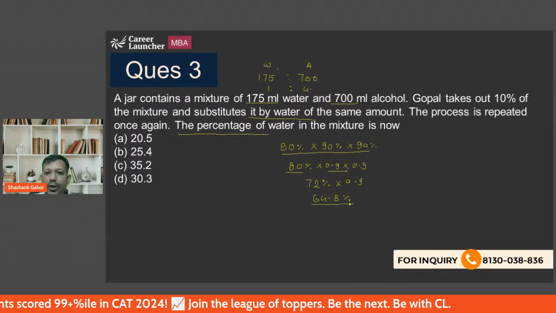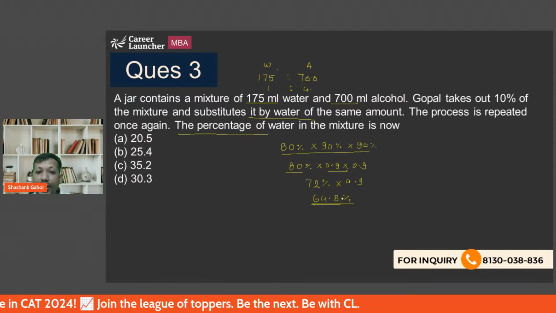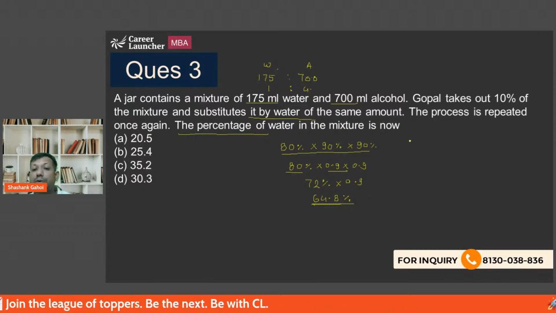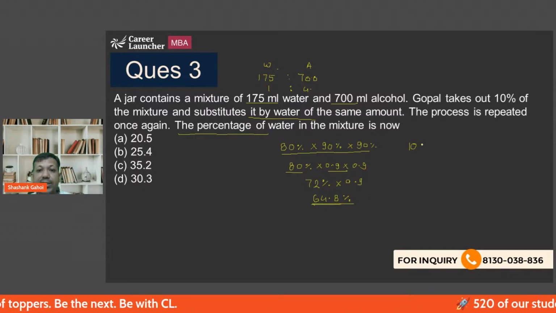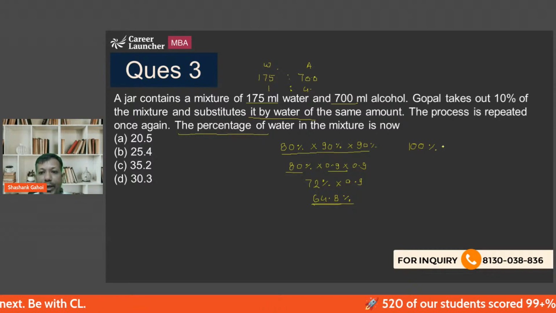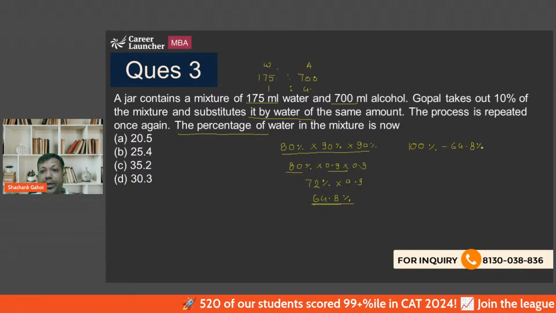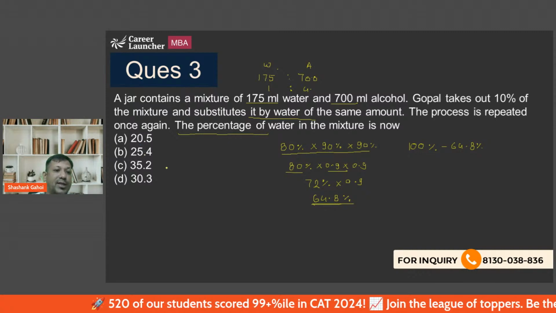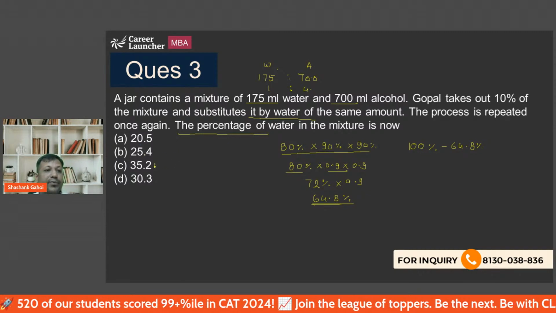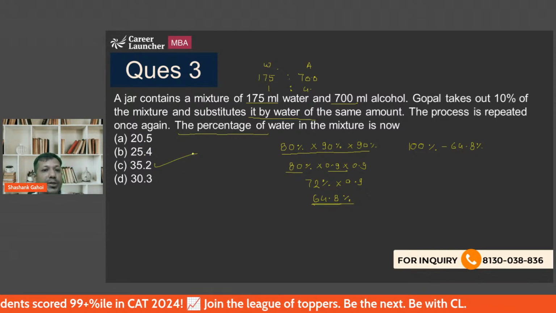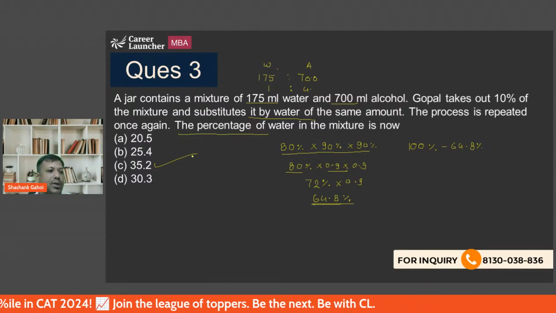So the quantity of alcohol is 64.8%. What is the quantity of water we have? That is 100% minus 64.8% of alcohol. It means the quantity of water is the difference of the two. That's going to be 35.2%, and the answer of this question is going to be option C.